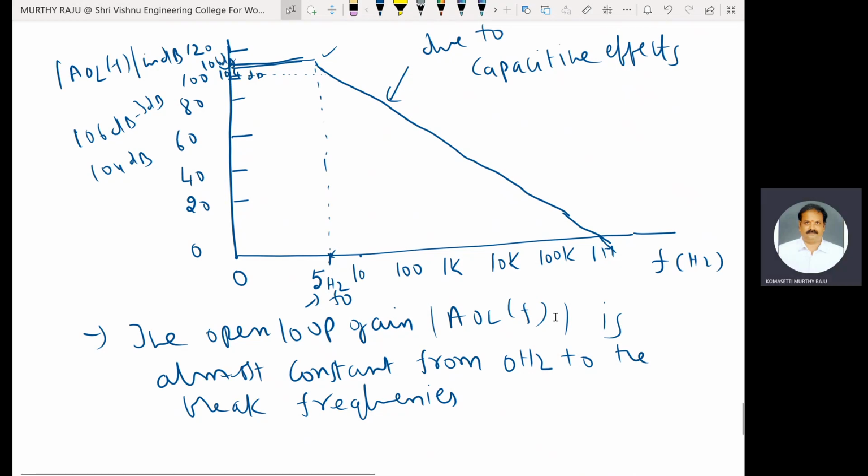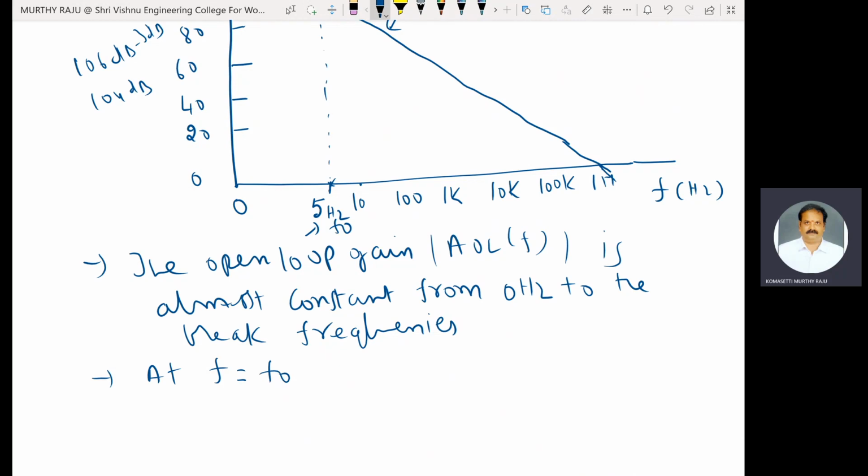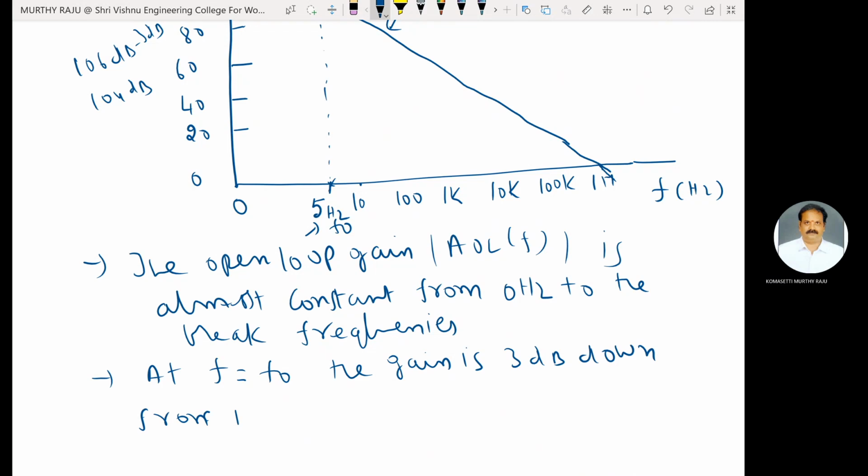Next, the second point here is at f equal to f naught, the break frequency or corner frequency. The gain is 3 dB down from its value at 0 Hz.